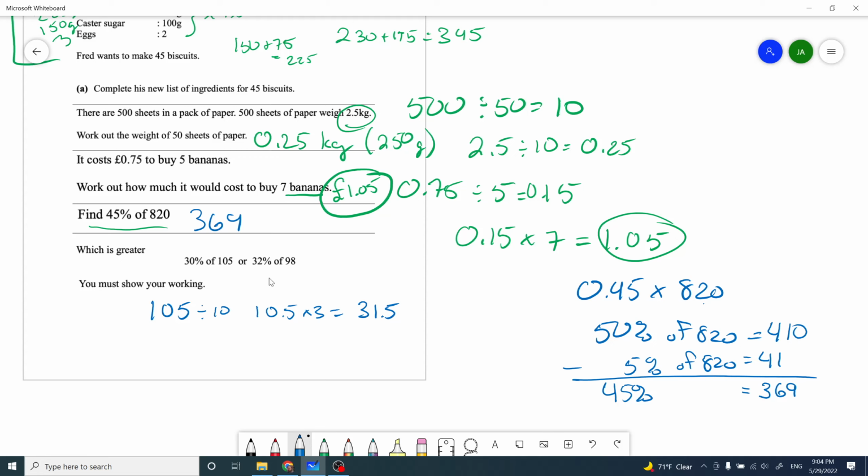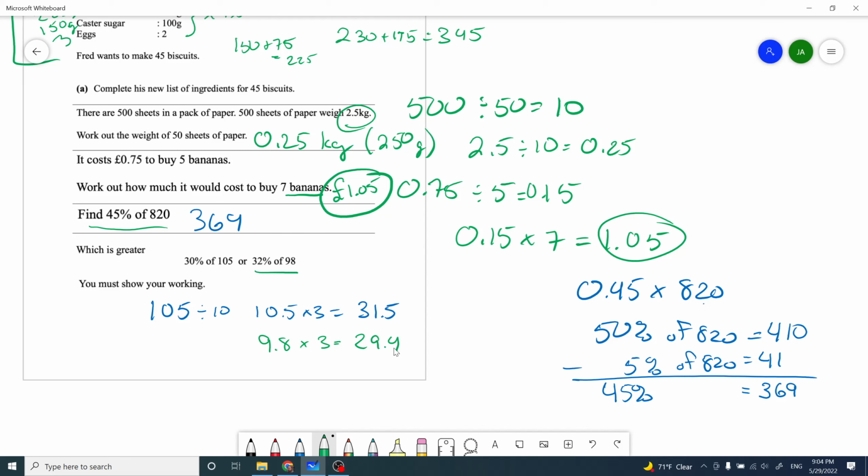We'll do the same thing for this one. Since this is almost 30%, we will take 30%. So we'll divide by 10. That gives us 9.8. 9.8 times 3. That is going to give us 27 plus 2.4, which is 29.4. Now we just need to find 2%.